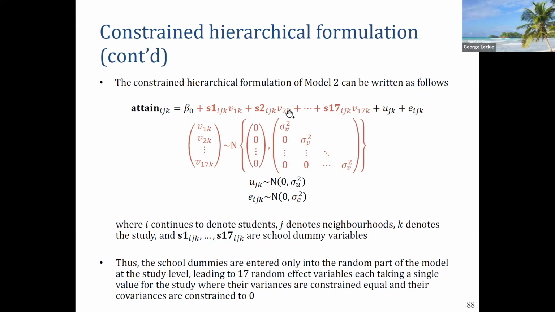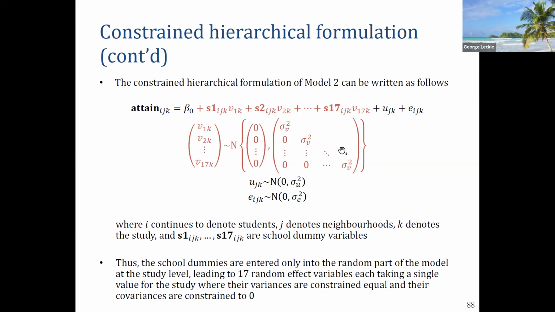Okay. You'll do this in Stata, right? And this is what it does. Okay, so why does this work? So that V1K, V2K, all the way up to V17K, well, here they are, written in terms of my distributional assumptions. There's 17 of them. Okay, well, here we go. This is why it's slow. We've got 17 random effects, not 1. And so we estimate a 17 by 17 covariance matrix.